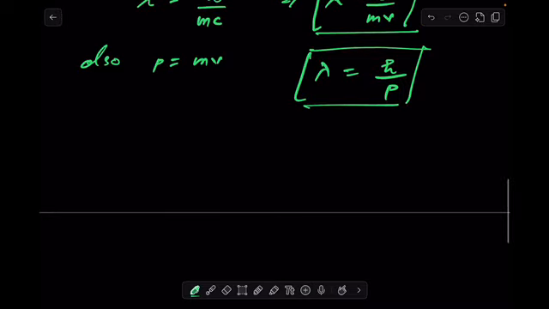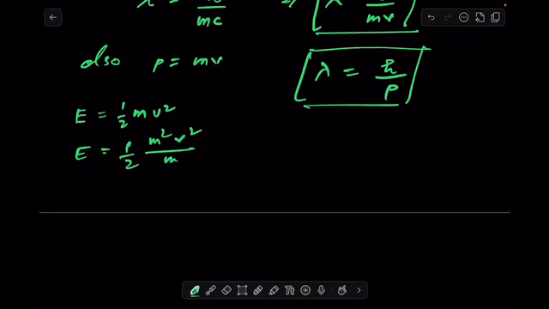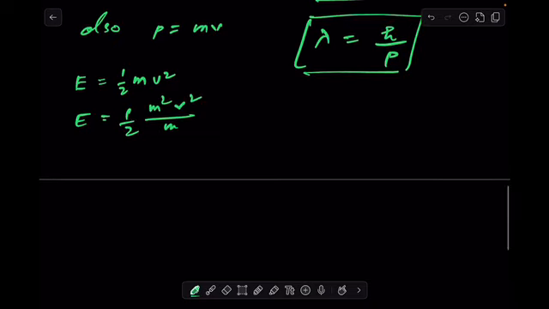Even we know the kinetic energy, let's say E is equal to half mv square. We multiply and divide by m, it becomes m square v square over 2m. So mv square is equivalent to 2mE.